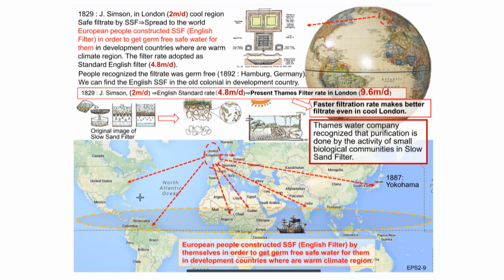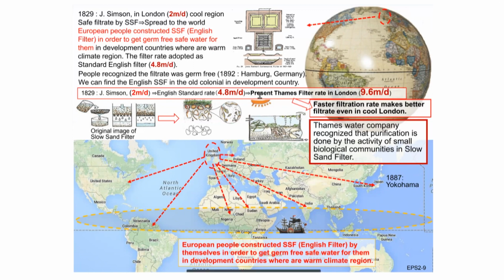But in the tropical region and warm temperate region, this slow sand filter, as the standard English one, has a standard rate of 4.8 meters per day, more than 2 times faster, because of the biological activity in warm regions compared with the United Kingdom.